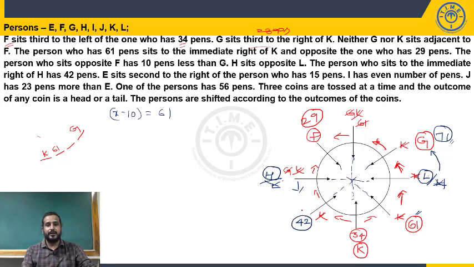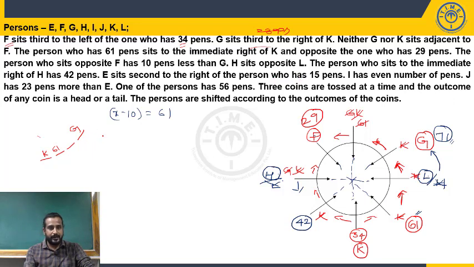The person who has 42 pence. Clear? Next, how many persons are placed? 1, 2, 3, 4, 5 persons. Okay. Next, E sits second to the right of the person who has 15 pence.